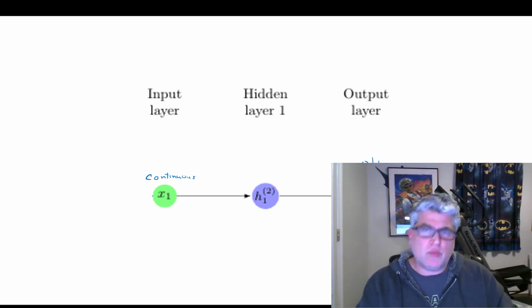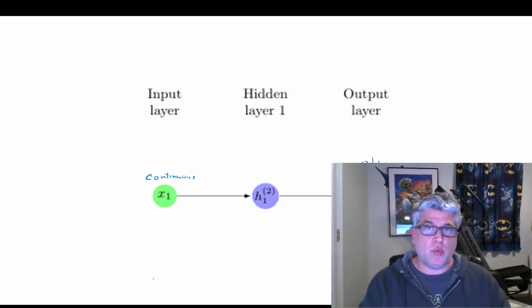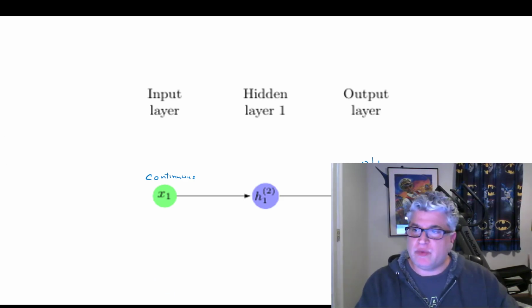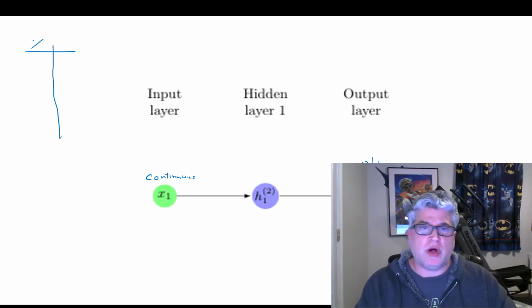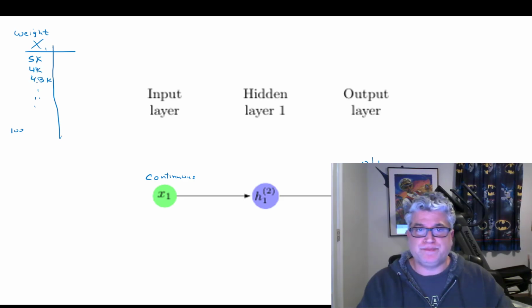Now, we're just feeding in one variable, but that doesn't mean we're only feeding in one observation. What I want you to think is that we may have, let's say, a column of data, which we'll call x1, but it may have 100 different observations. Let's suppose this was the weight of a car, and so maybe the car is, I'm not sure how much cars weigh, 5,000 pounds, 4,000 pounds, 4.3 thousand pounds, and so forth.